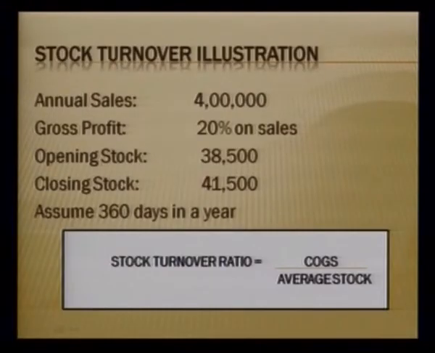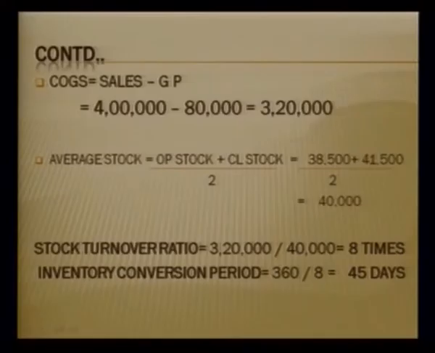So proceeding on the same illustration, we have to compute the stock turnover ratio, which is cost of goods sold upon average stock. In our illustration, the total sales defined to us are 4 lakh minus the gross profit, which would turn out to be 80,000.